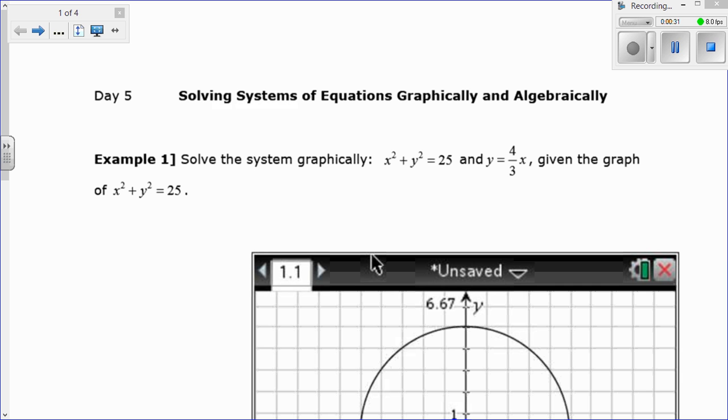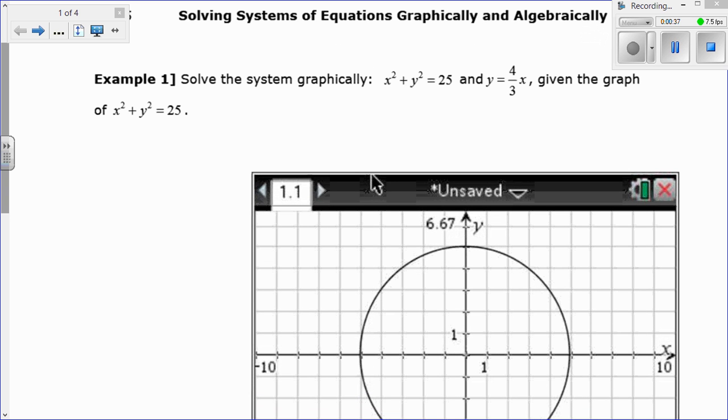So, for example, number 1 says solve the system graphically: x squared plus y squared equals 25 and y equals 4/3 x.